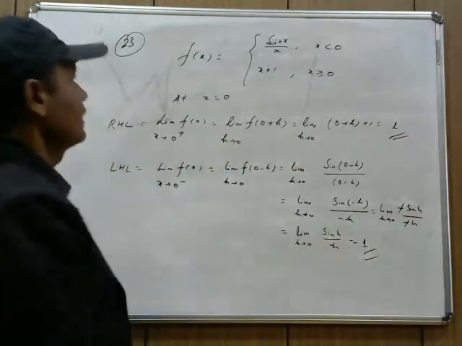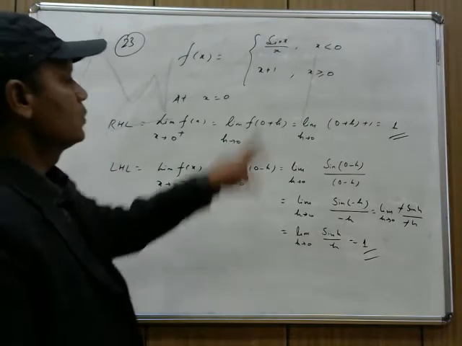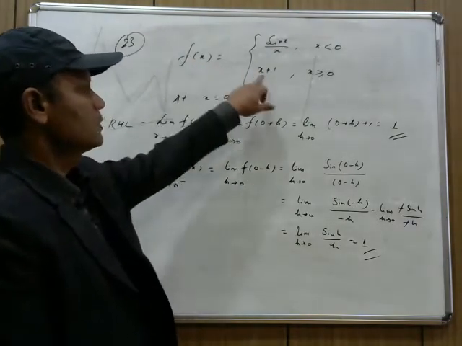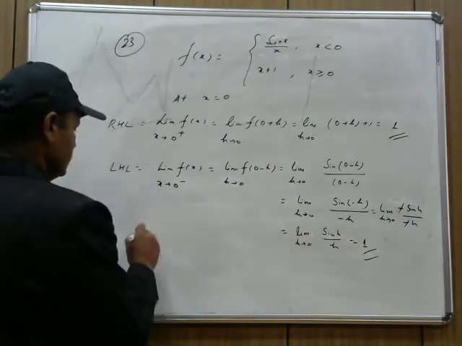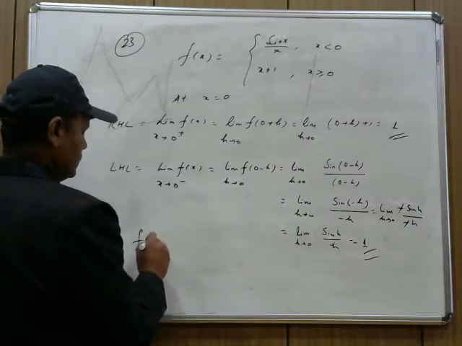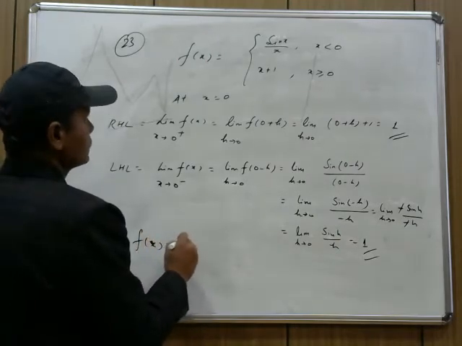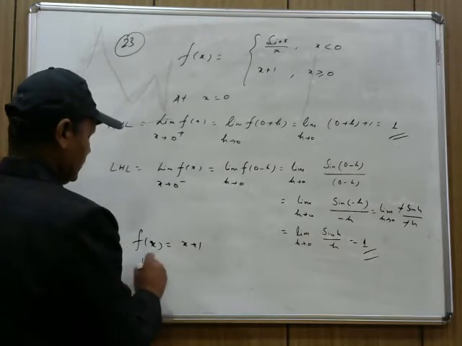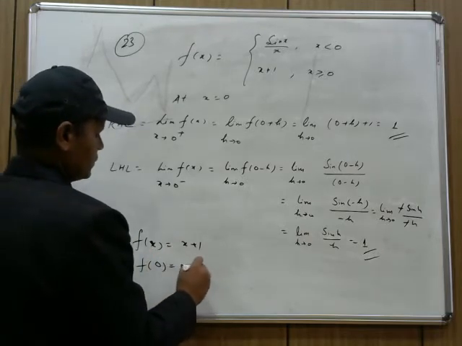If I will go for f of 0, so now here f of 0 is equal to what? f of x is equal to x plus 1, and therefore f of 0 is also 0 plus 1, equal to 1.